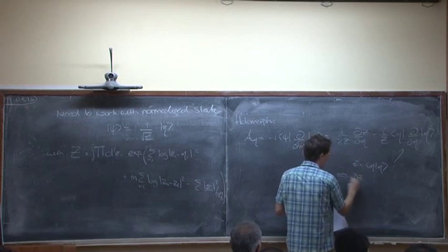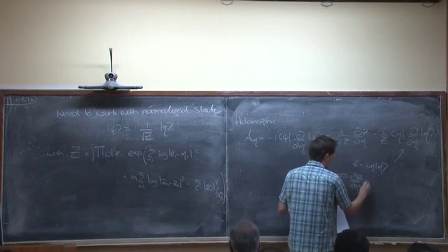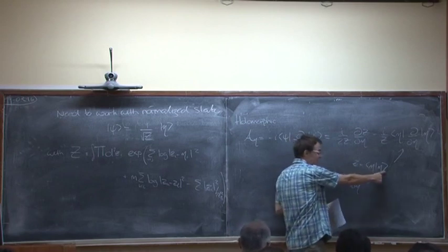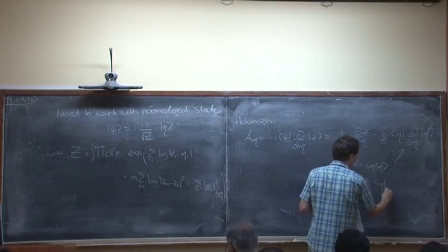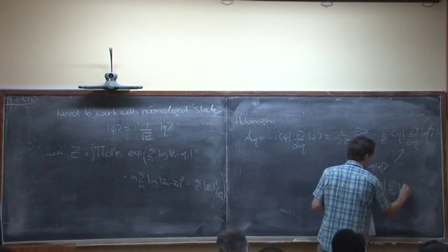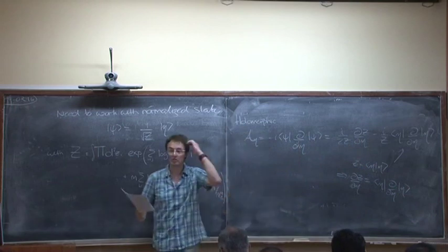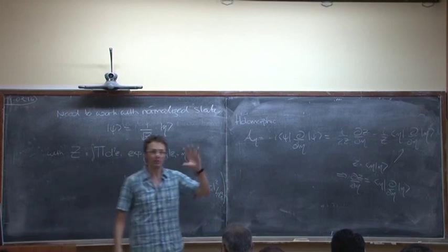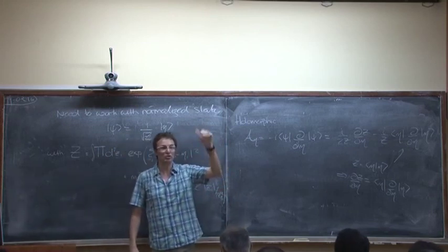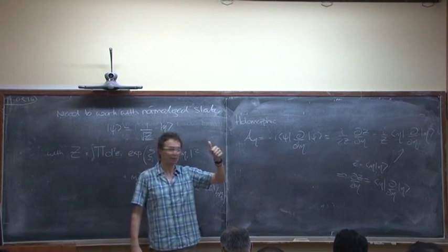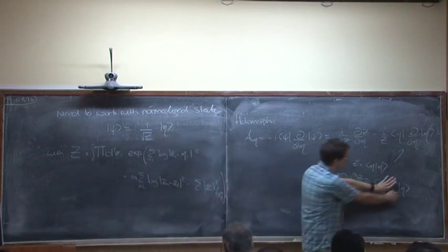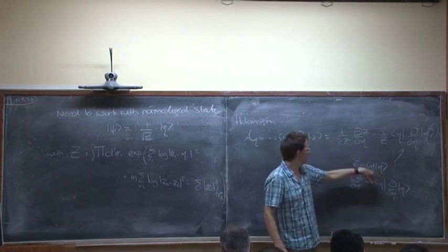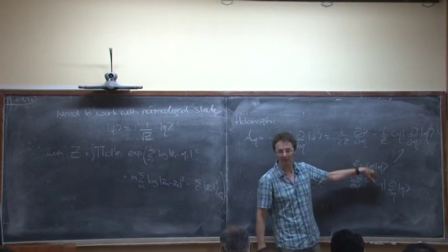If I differentiate with respect to eta, this doesn't depend on eta, this only depends on eta bar. And this depends on eta. Is there a question? Okay, this is because the original whole wave function depends holomorphically on eta. And the original whole wave function is the ket, which means the ket depends on eta, but not on eta bar, and the bra depends on eta bar, but not on eta.